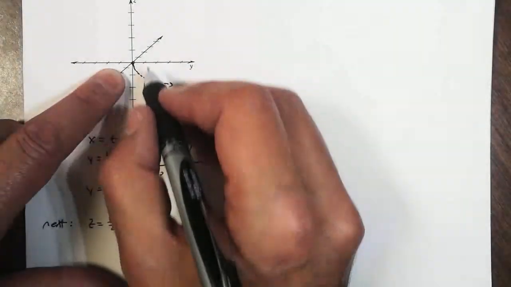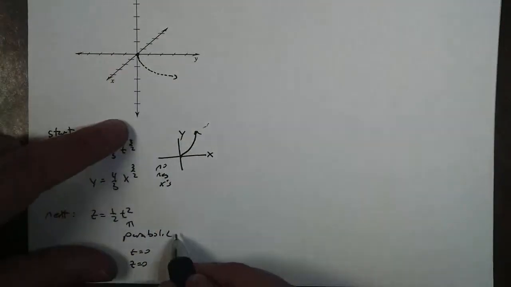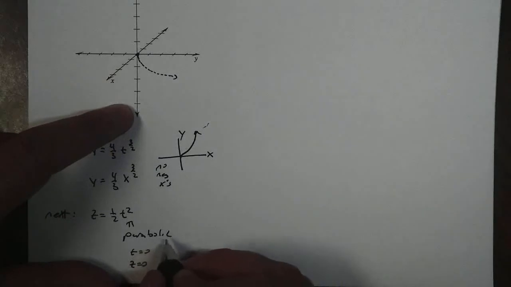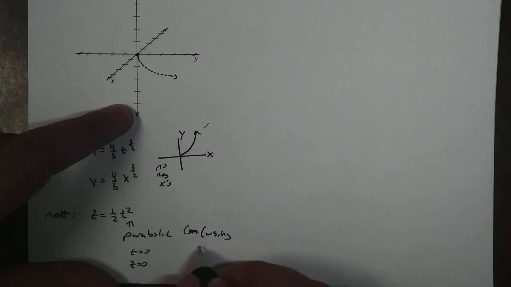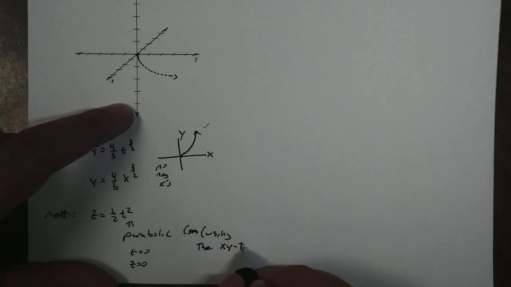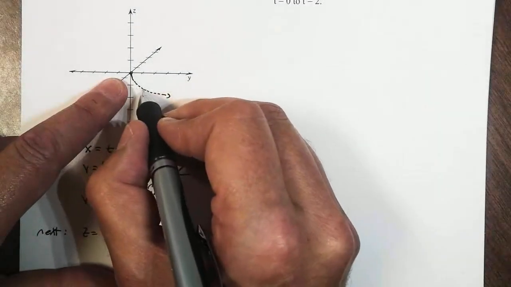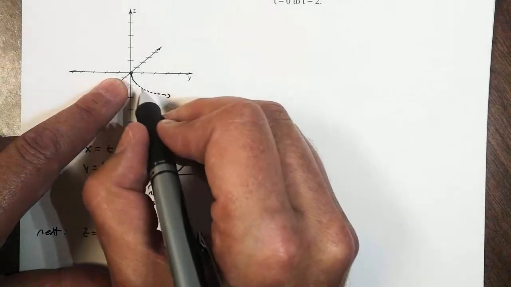So what happens here is on our trace, because this is parabolic, we're going to draw a curved parabola over, or on, the xy trace that we just found. So in other words, from here I'm going to draw a parabola going up.